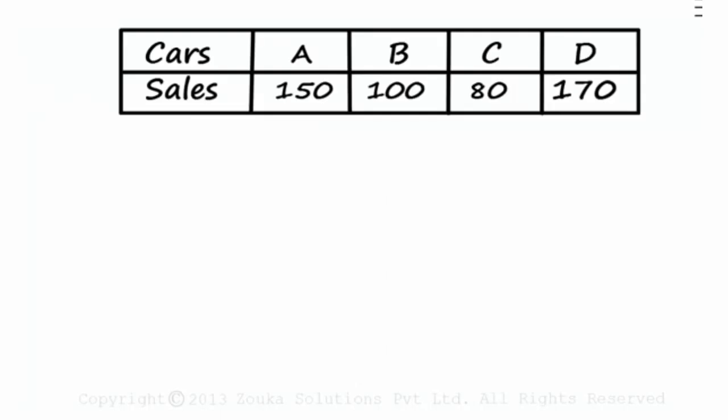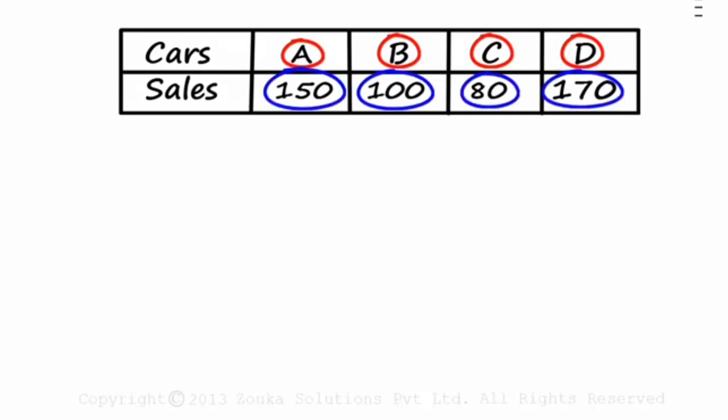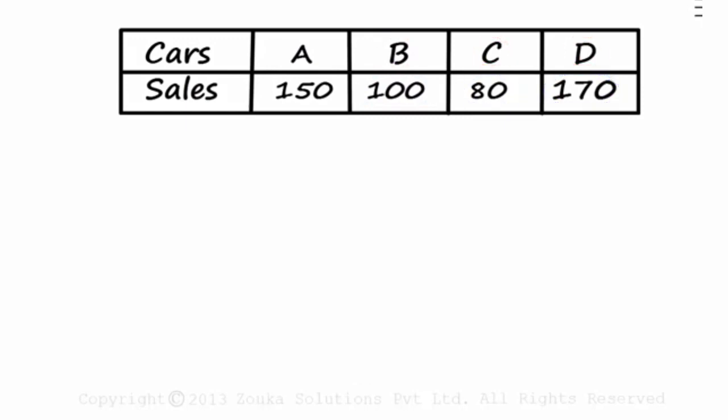By now, we should be very comfortable making bar graphs to represent data. Look at this example in which we can see different types of cars and their sales in a particular month. In that month, 150 type A cars were sold, 100 type B cars, 80 type C cars, and 170 type D cars were sold.